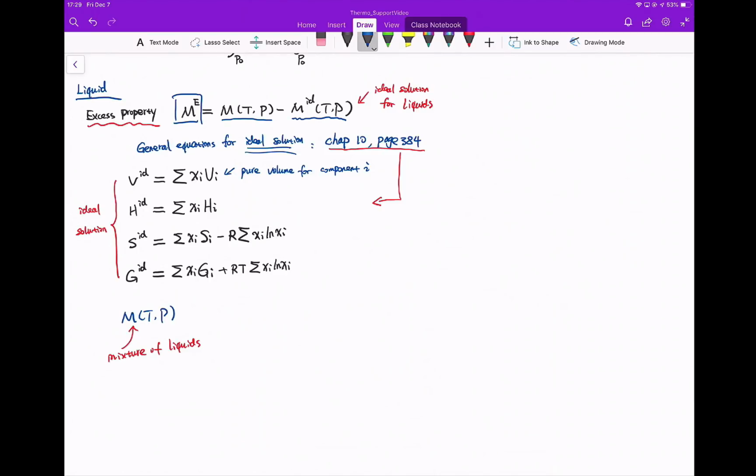I hope you still recall this is a summation of xi times the partial molar property Mi. What is that Mi?